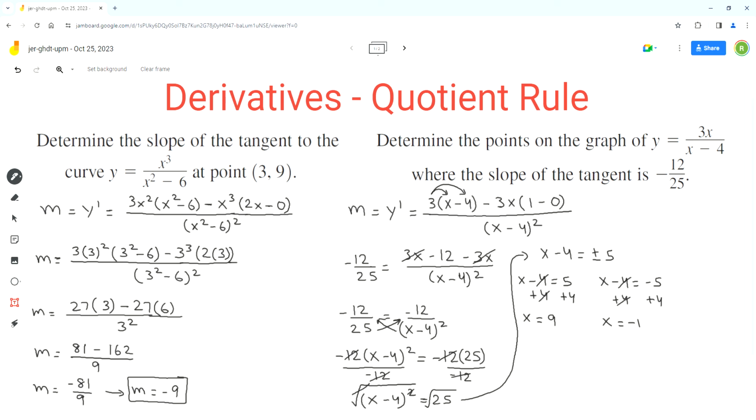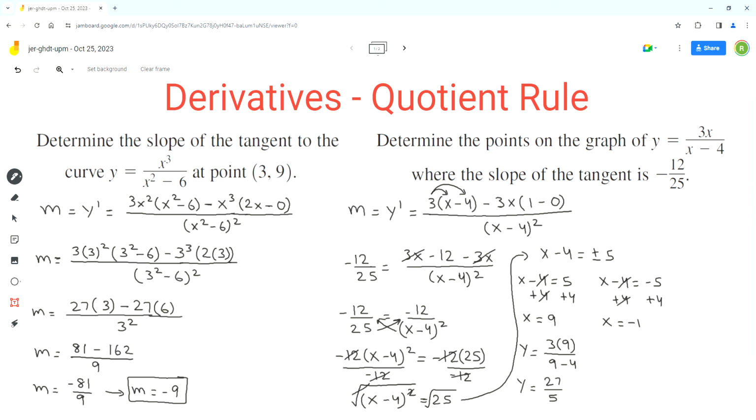So these are the two x coordinates at which the slope of the tangent is equal to negative 12 over 25. And now we have to find their corresponding y coordinates. So we can use the equation of the curve. We'll sub in x as 9 into this equation to find the corresponding y value. So we get y equals 3 times 9 over 9 minus 4, which can be reduced to 27 over 5.